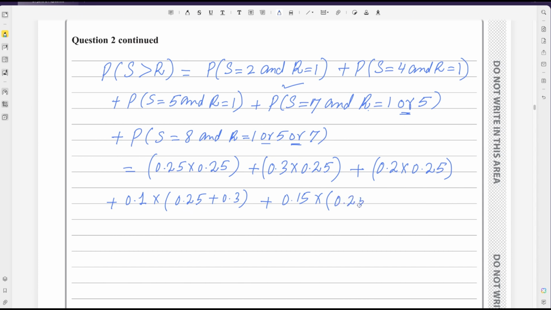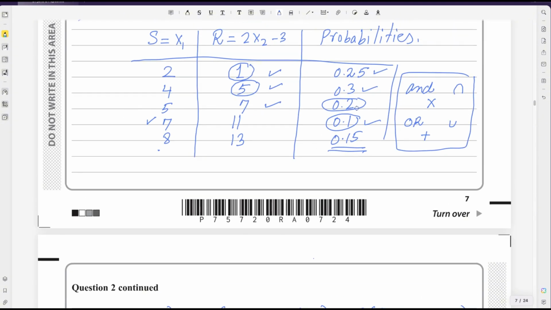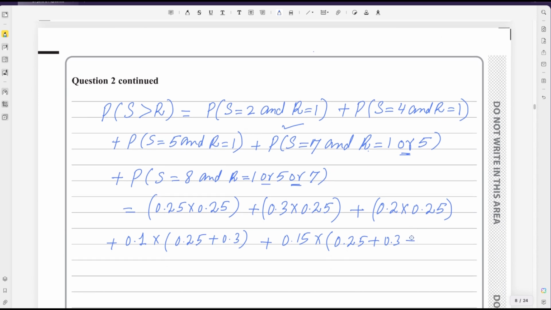They are 0.25 plus 0.3, and for 7 the probability is 0.2. So for 7 it is 0.2. We have to add these three probabilities and then multiply by 0.15. Hopefully you understand how you will calculate these probabilities.